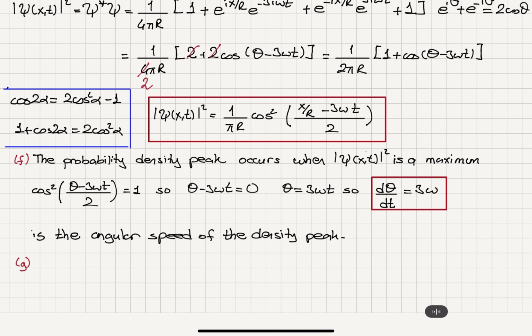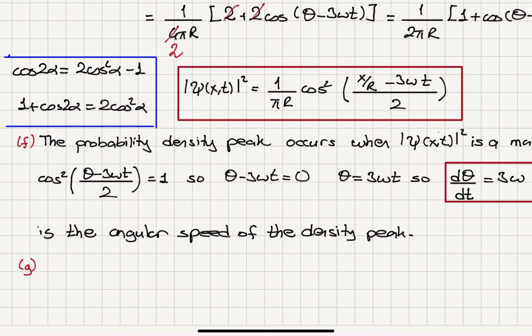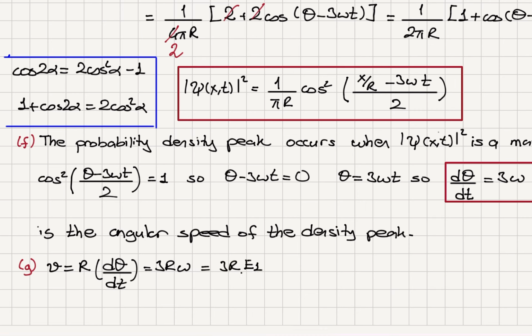Okay, so the tangential speed v is r d theta dt. So that's equal to 3r omega. Omega is E1 divided by h bar. So remember, En is equal to n squared h bar omega.